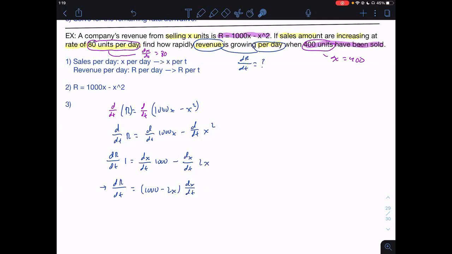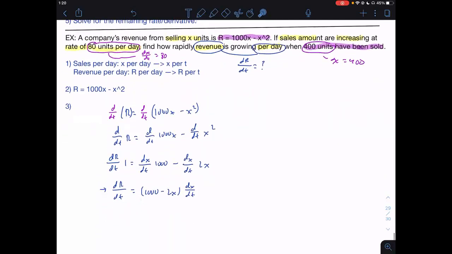All right, so if we know that sales are increasing at 80 units per day, then how much is the revenue going to change if we have sold 400 units on that day? Okay, so all we have to do next is take our equation, plug in what we know, and solve for the unknown.